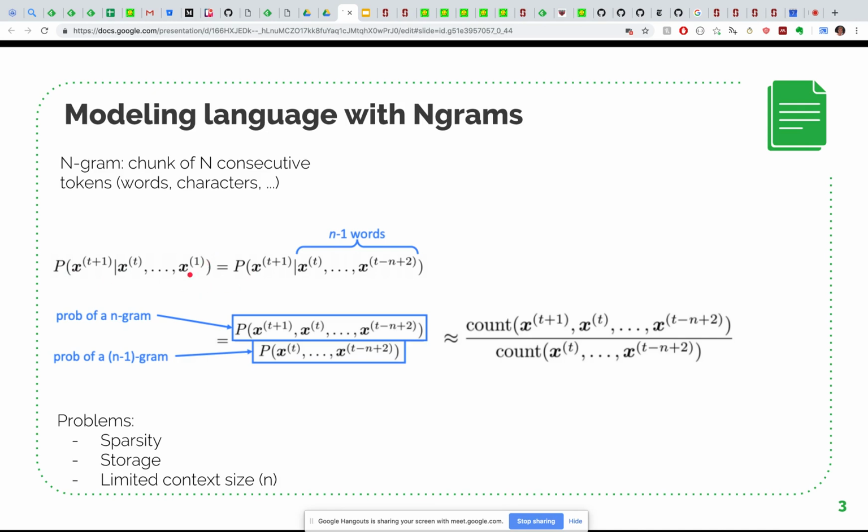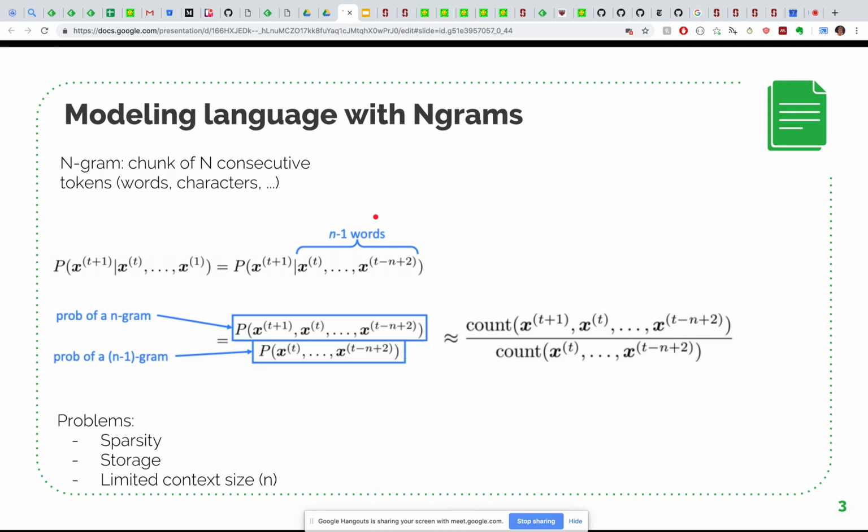An assumption that is usually made is the Markov assumption, which is that the future depends only on a few words from the past. So here we define a window of n-1 words. The probability distribution of the next word will depend only on the past window.